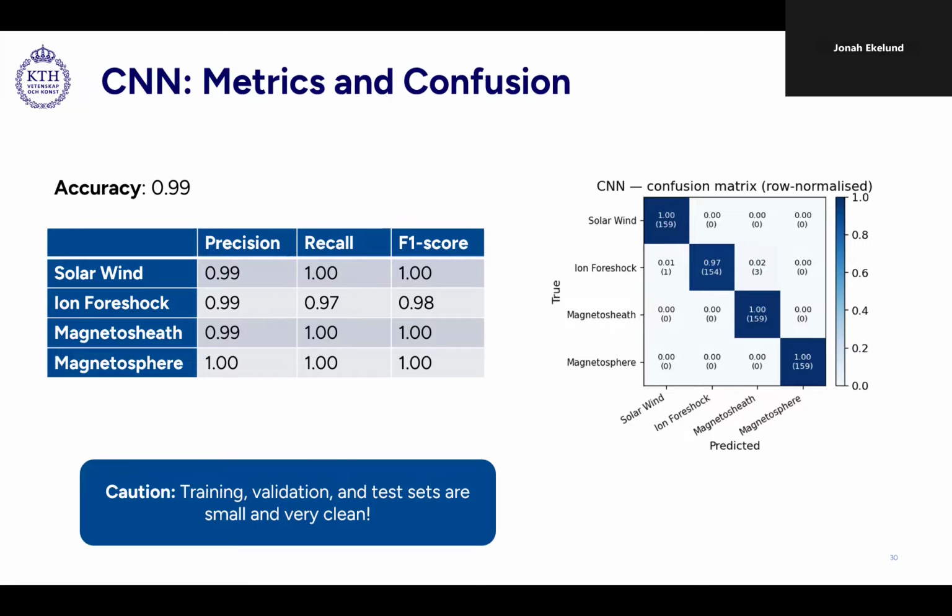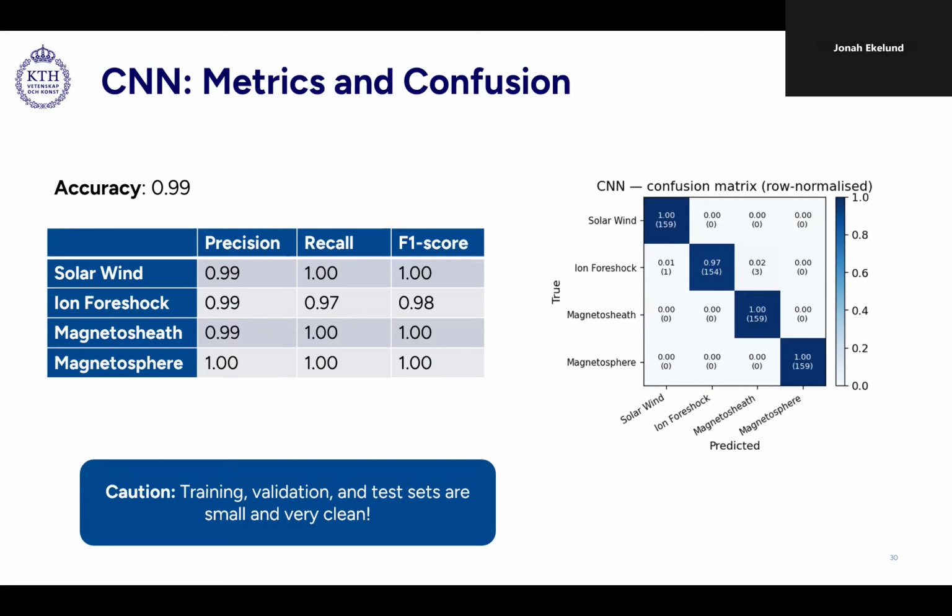A more accurate way of actually evaluating this would be to include unknown samples, so you get this probability out from the network, then add some kind of logic there also.